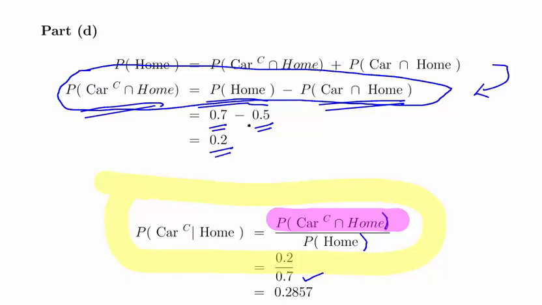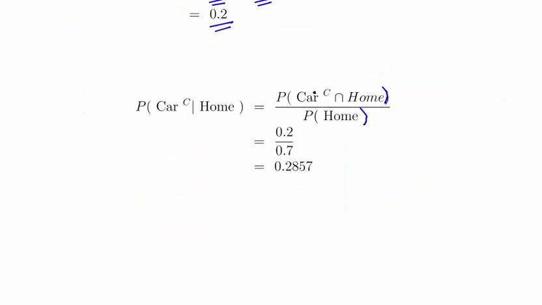So 0.7 minus 0.5 gives us 0.2. That is where this 0.2 comes from. And we know the probability of home is 0.7, so 0.2 divided by 0.7 gives us 0.2857. That is the conditional probability of not having car insurance given that they have home insurance. All right, we'll leave it there.